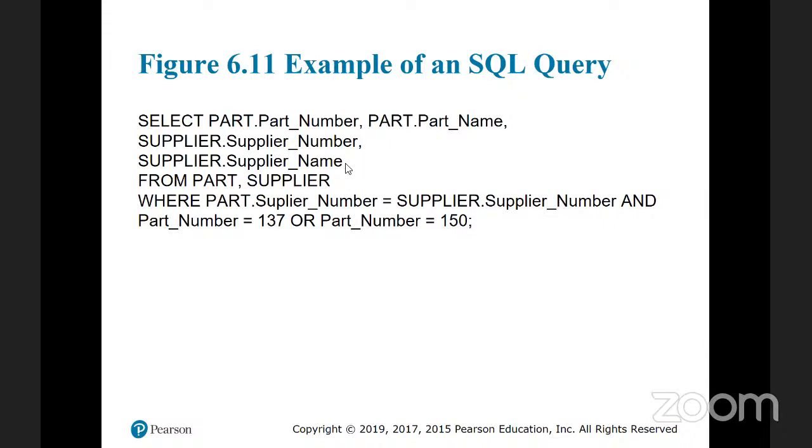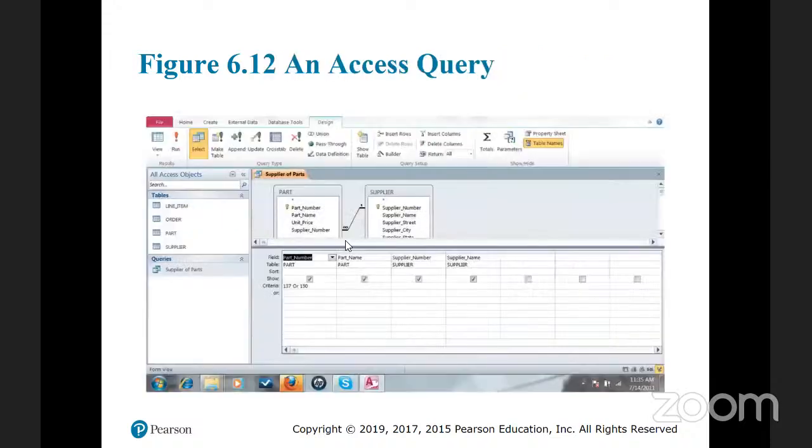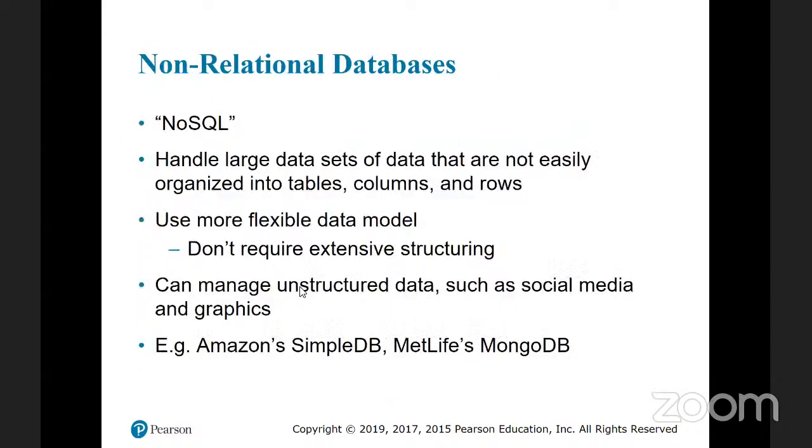We're going to find all the suppliers that give either part number 137 or 150. You can do the same thing with Microsoft Access, and see here, you're looking for the suppliers for parts that are either 137 or 150. And the point is you can do that in many other software programs.